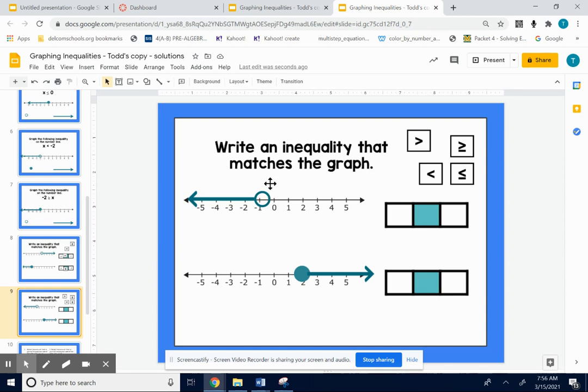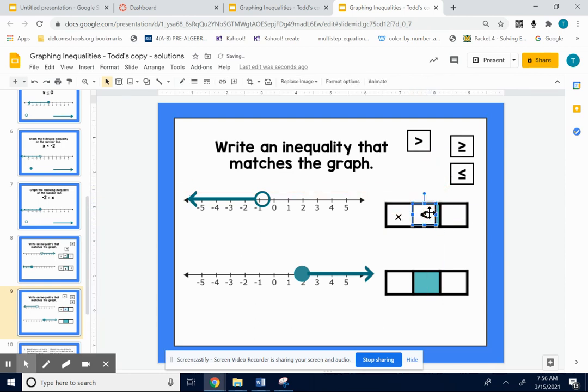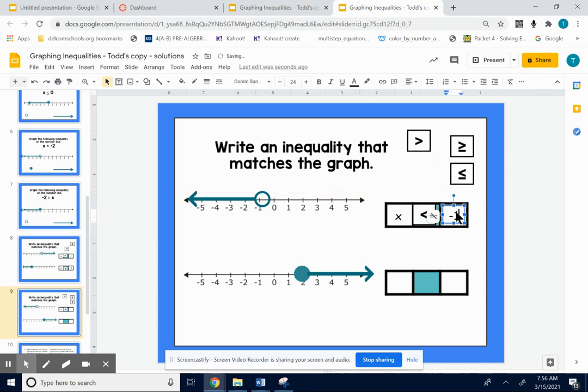Okay, so this first one is showing everything to the left of negative 1. Left is less. So x is less than negative 1. It's not including it because it's an open circle. So just strictly x less than negative 1.